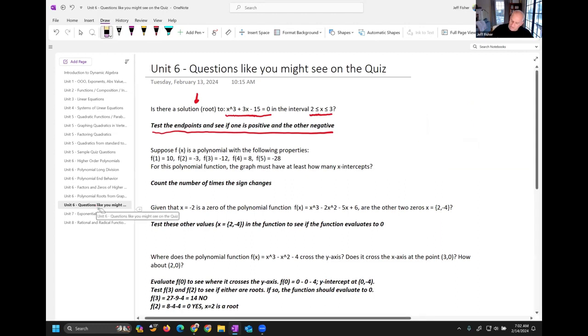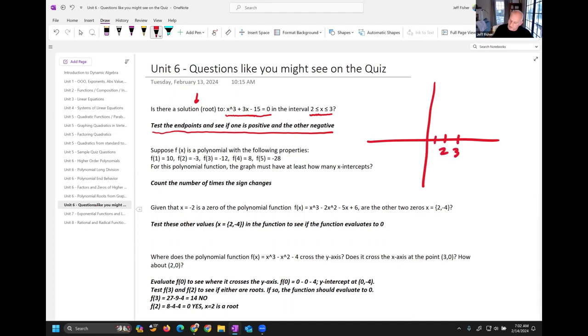So we have this function, and it wants to know whether or not there is a 0, a solution between x equals 2 and x equals 3. It wants to know if there's something in here. Well, that means we need to test to see if we evaluate 2, is it one side of the x-axis, and if we evaluated 3, is it at the other side?